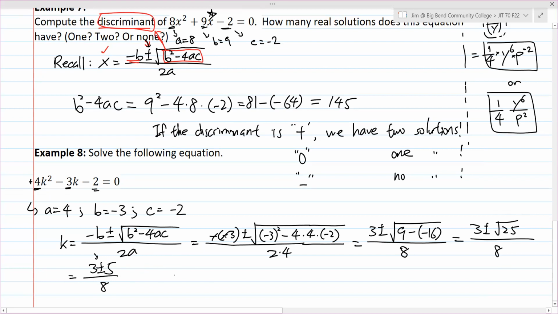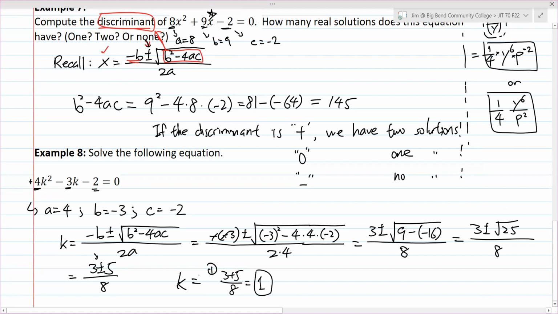If you have the plus minus signs, and if your discriminant is positive, then that means you have 2 answers, 2 solutions. So the first one would be 3 plus 5 over 8, which equals 1.